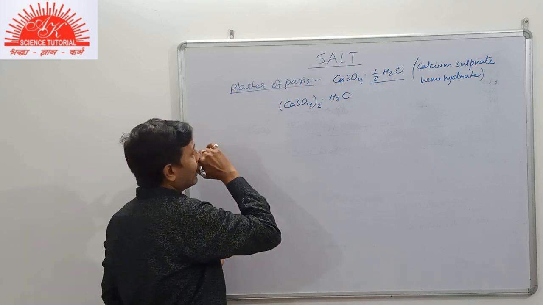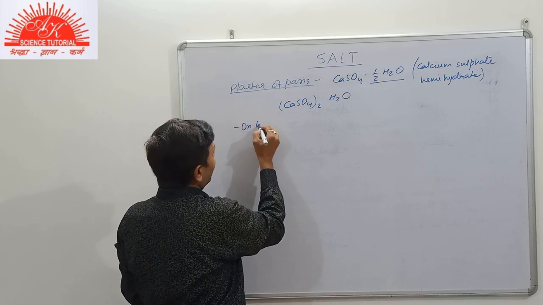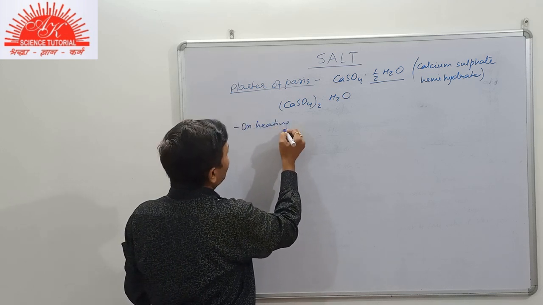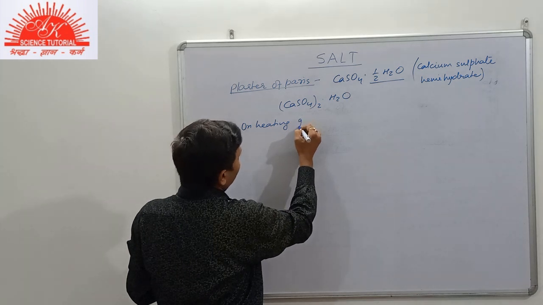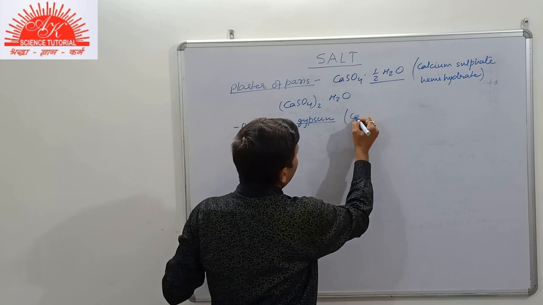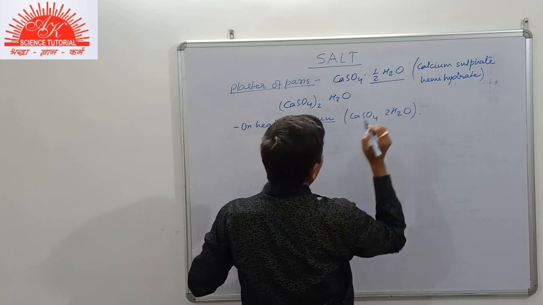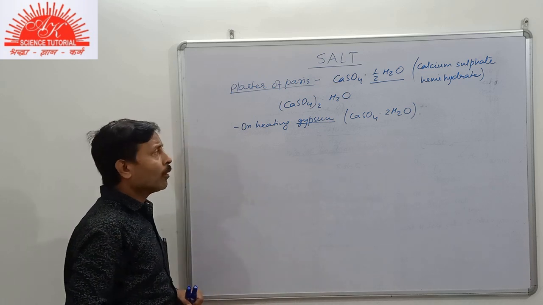Now we see, students, how it is prepared. On heating gypsum, that is CaSO4 dot 2H2O, we obtain plaster of Paris.